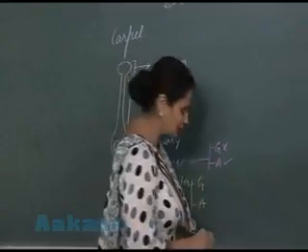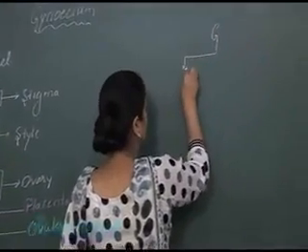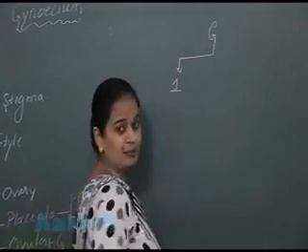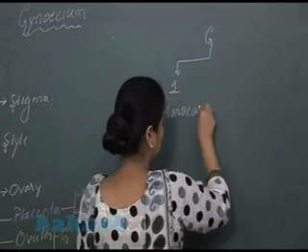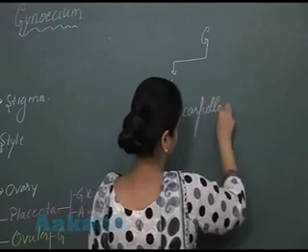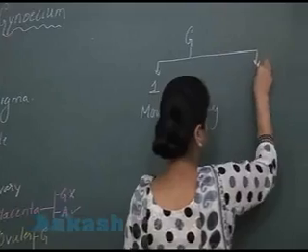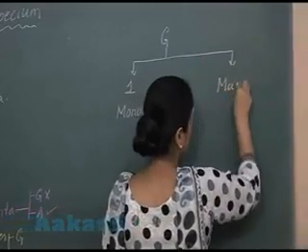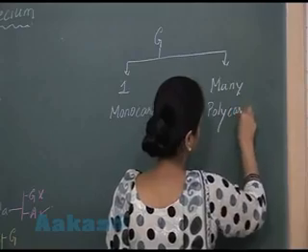Now, in the gynoecium, there can be one carpel. This gynoecium is known as monocarpellary. If many carpels are present in the gynoecium, this is known as polycarpellary condition.